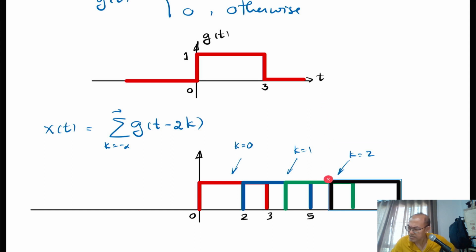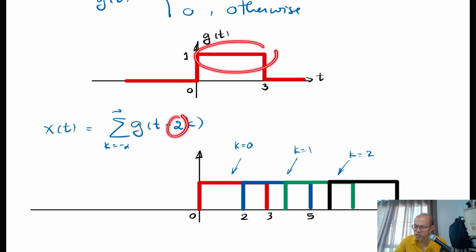Okay, all right. So this one is shifting it to the right by what? By 6, right? So 0 becomes 6 here. So when we add them together, it will be a constant, a DC constant, right? You got that, right? The reason is that this number 2 here is not big enough that if you put g on the same axis, they overlap.